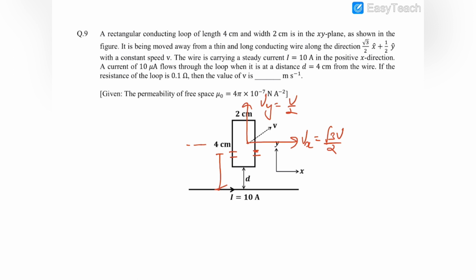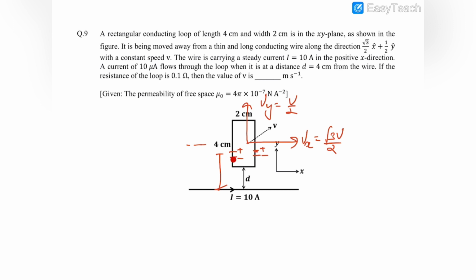As this EMF is equal in magnitude, let us suppose that this is a battery which has a polarity plus and minus, this is plus and minus, and these two EMF are equal. So when we apply KVL in this loop, this EMF will cancel out.